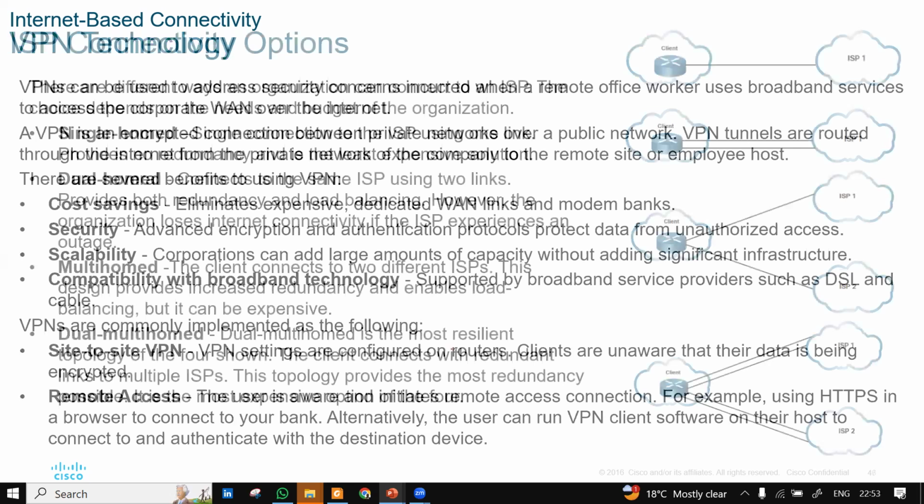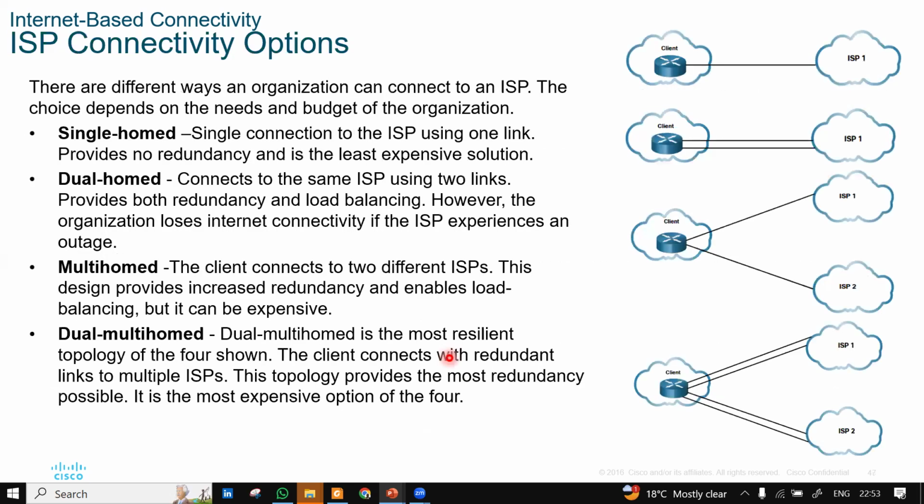All right. ISP connectivity options. There are different ways an organization can connect to an ISP. The choice depends on the needs and the budget.